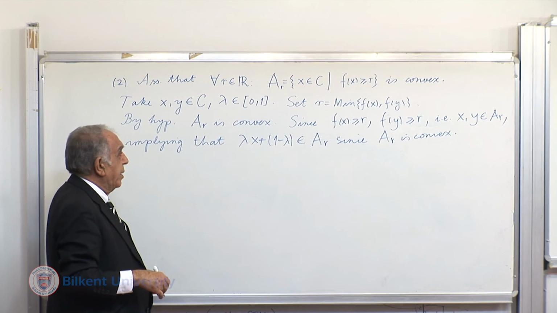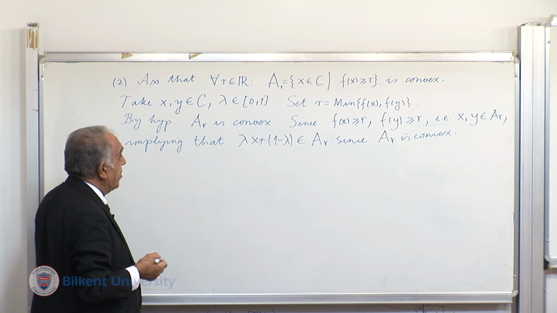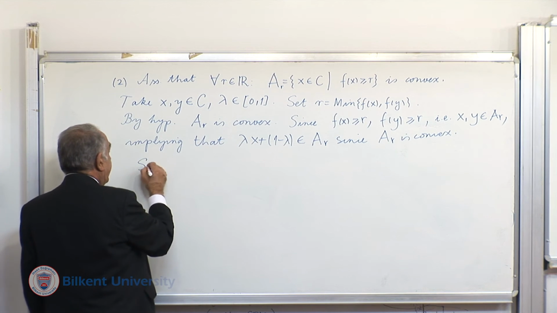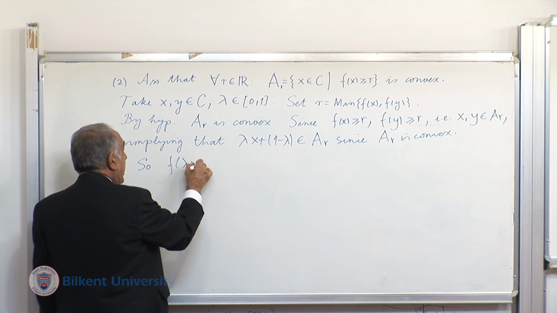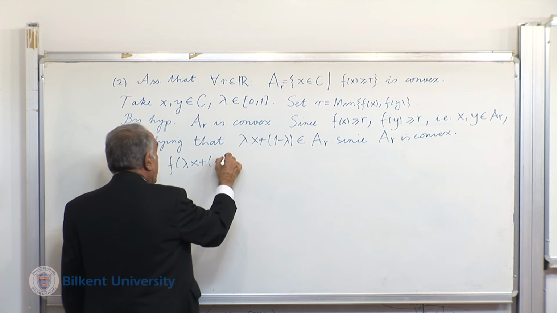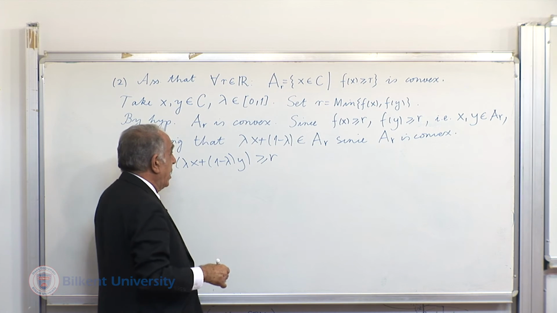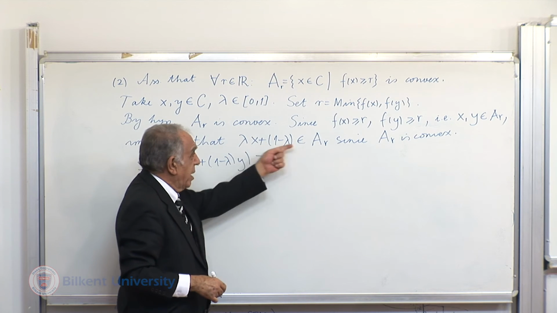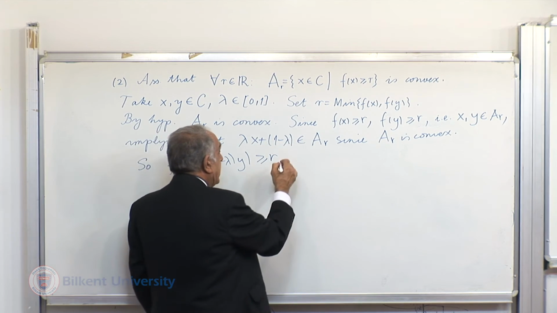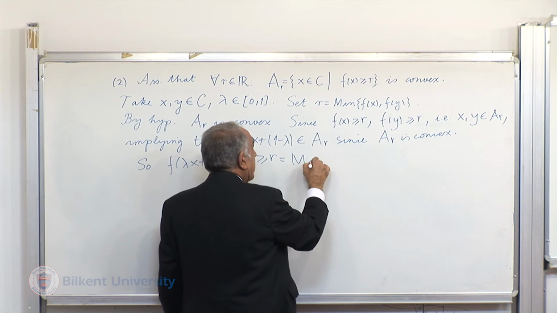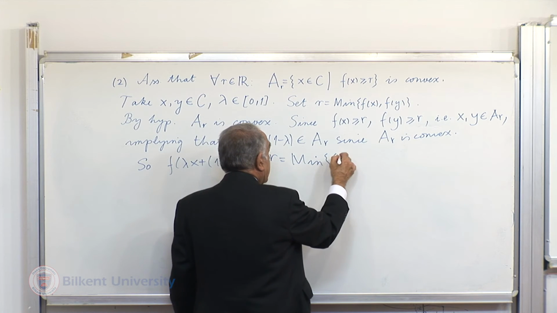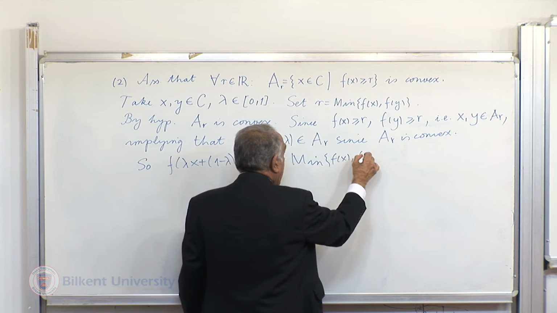Okay? Well, what does that mean? So, f of lambda x plus 1 minus lambda y, that's larger than or equal to R. That's what it means, this belonging to A sub R, but that was the minimum of f of x, f of y.